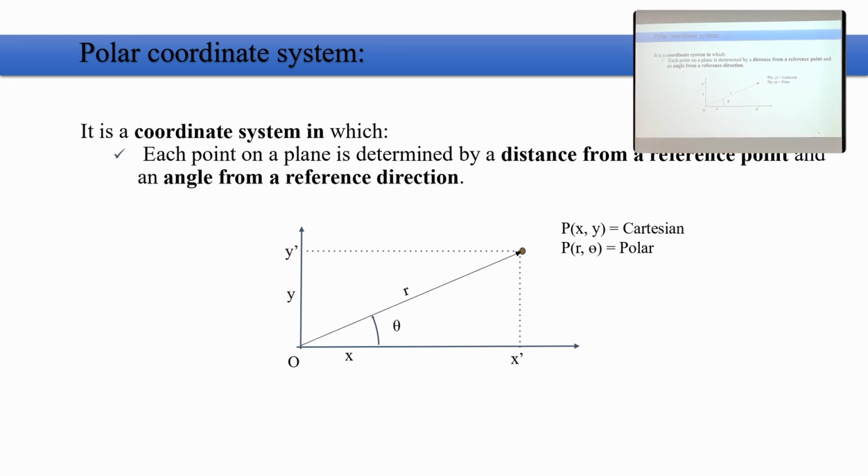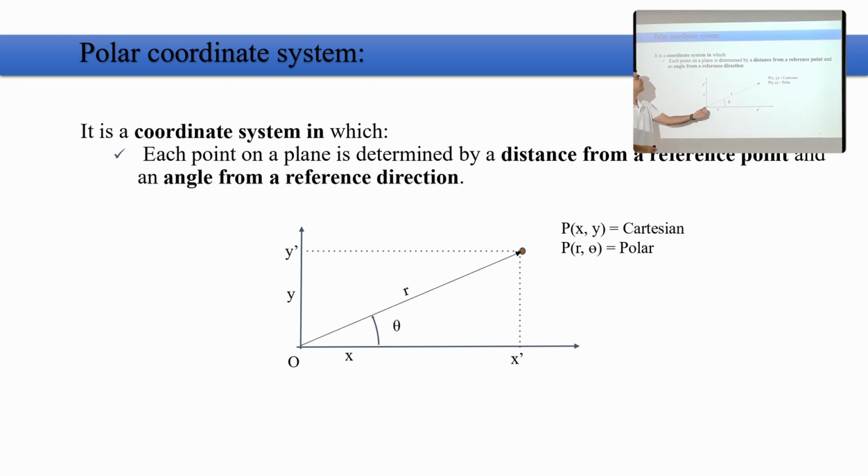What about the polar coordinate system? Who knows about it? Any of you? Okay, good. The polar coordinate system is a coordinate system in which each point on a plane is determined by its distance from a reference point.